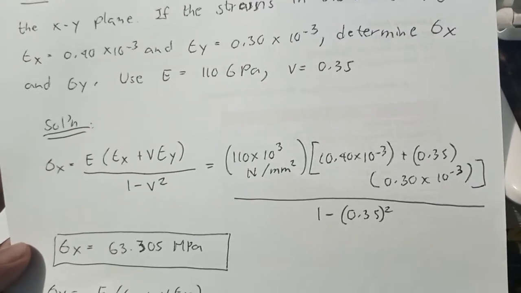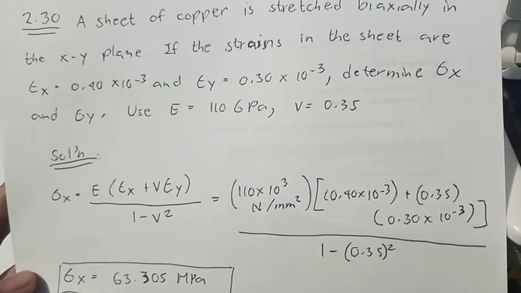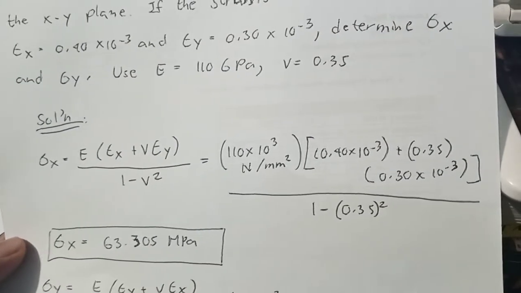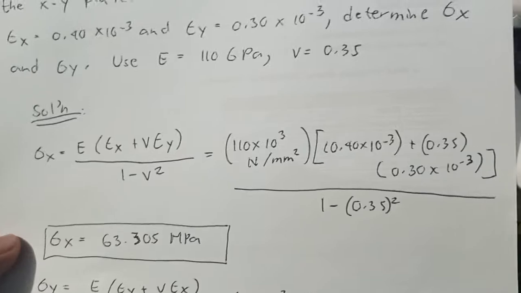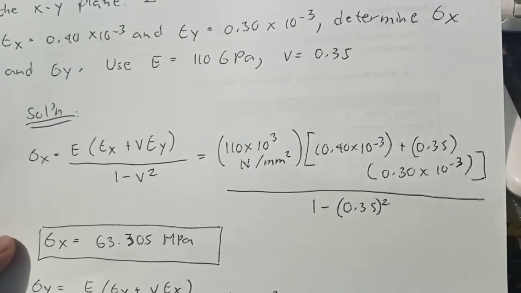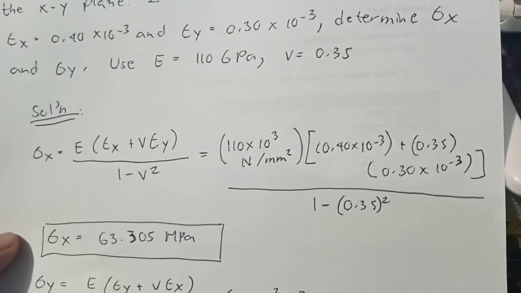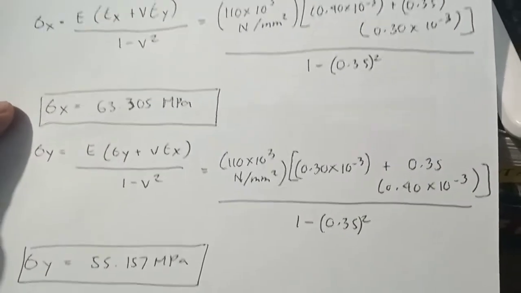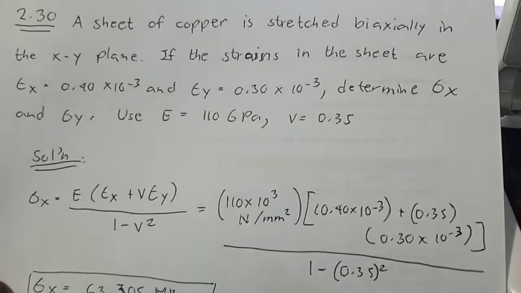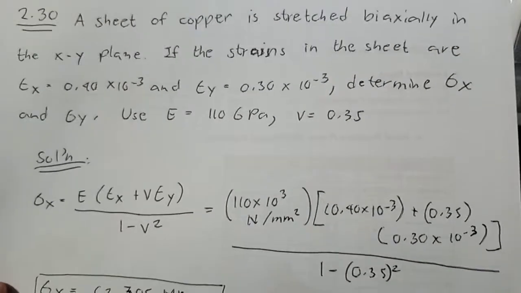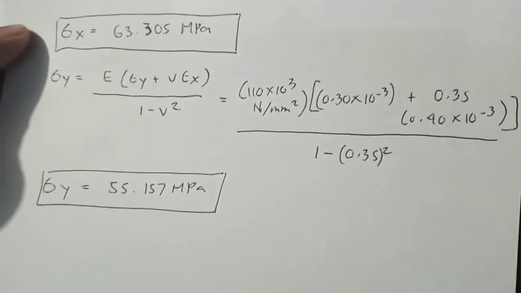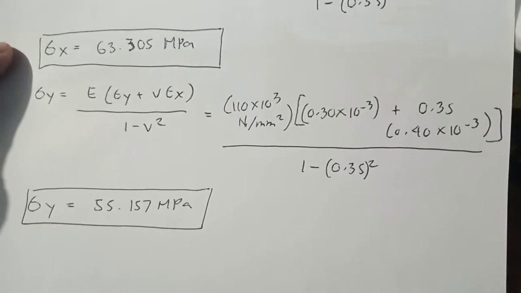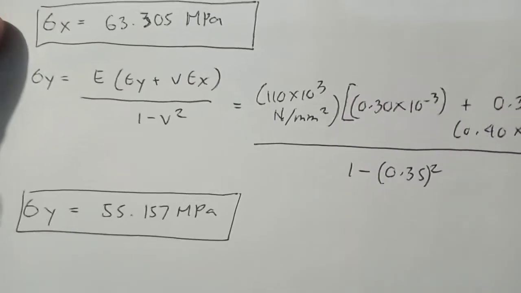I copied the values of epsilon x and y, and the Poisson's ratio, and put them in this equation. So I get the stress at x is 63.305, while for the stress at y, I just put everything in this equation. I converted the E into Newton per mm squared by multiplying it by 10 to the cube, then copied everything and put it in this equation.